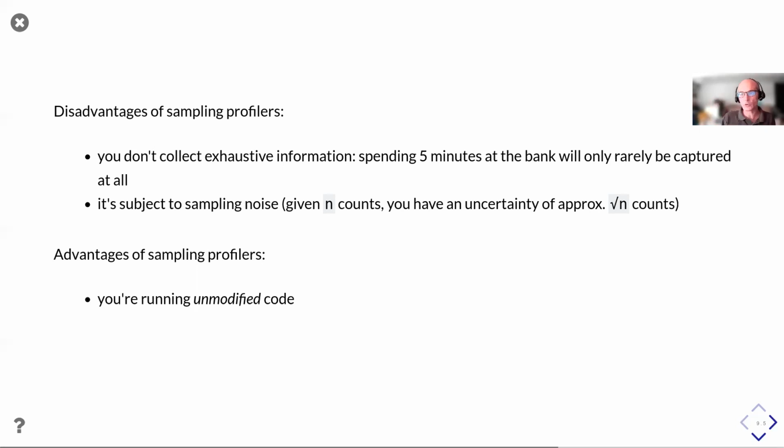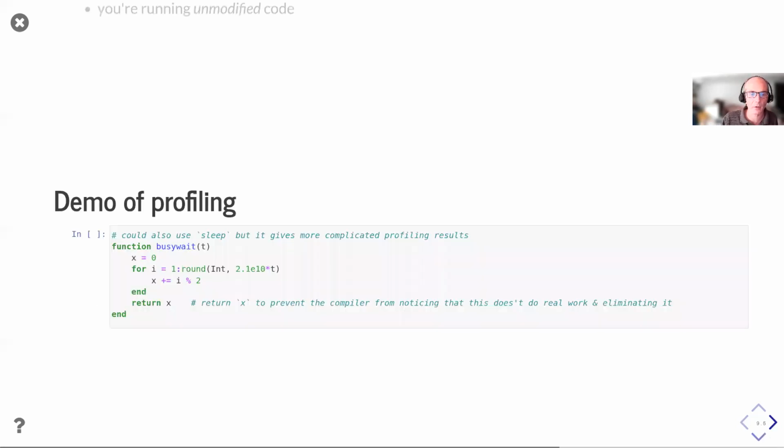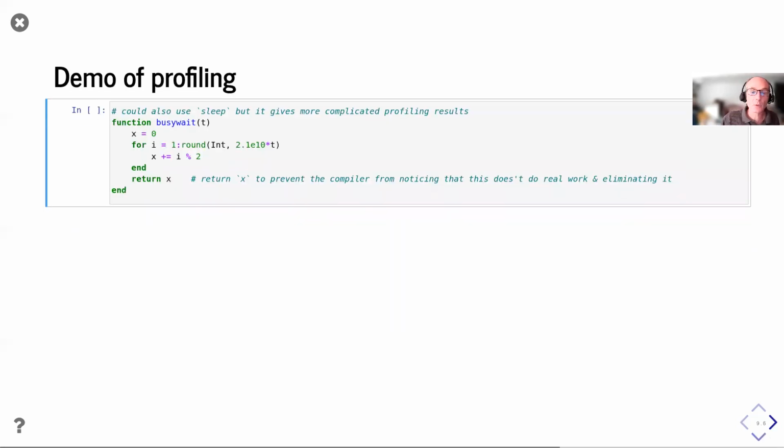But what do you use by default? I think many people, maybe not everyone, would agree that the sampling profiler is probably the way to go. So let's actually take a look at how all of this works.